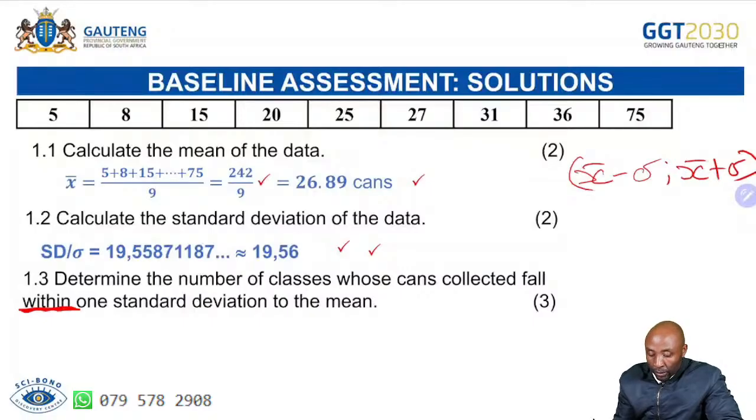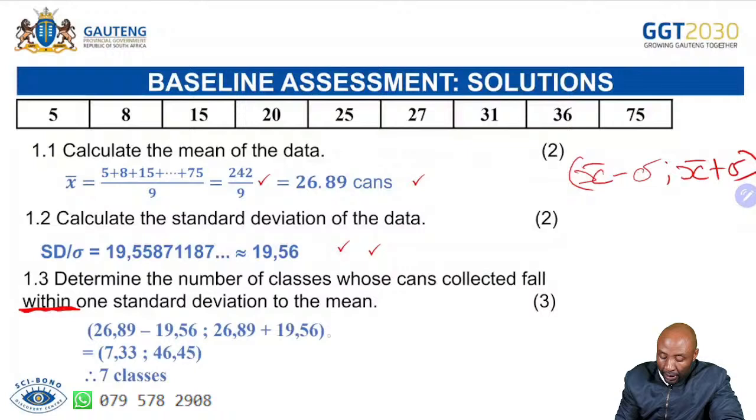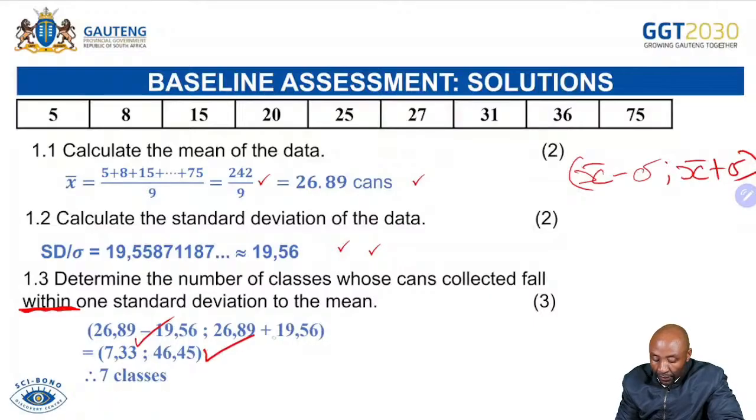So our solution will be, we get the interval upper and the lower value, and then we are able to count. Our mean is 26.89. We subtract 19.56, we get 7.33. 26.89, which is our mean, plus 1 standard deviation, which is 19.56, we get 46.45.